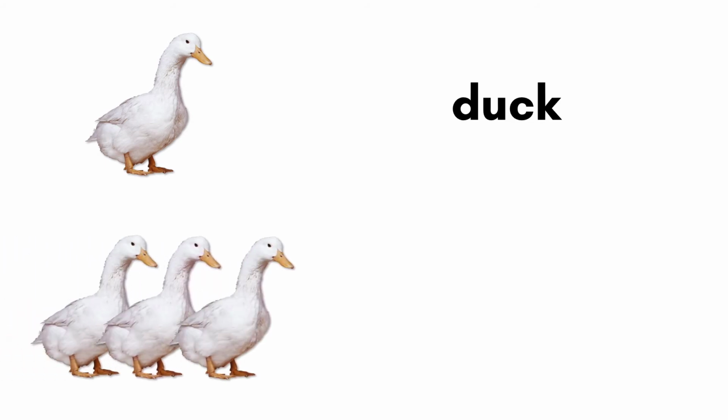Alright, now let me test you. So, this is one duck. So, what do we call it if we have more than one duck? We call it ducks. That's right. Okay, the next one. This is one horse.